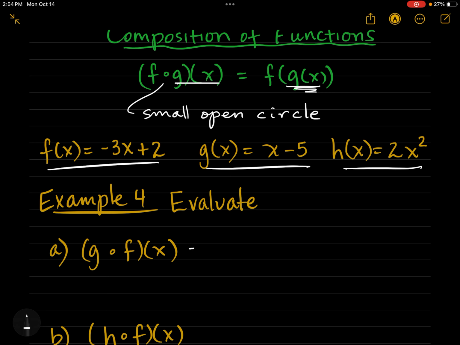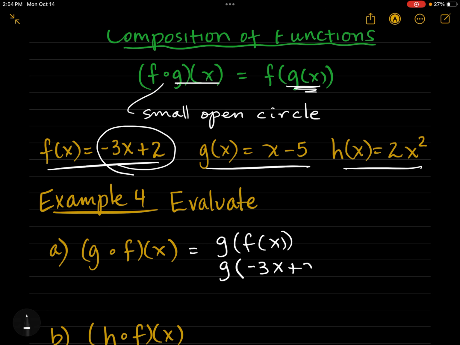G composite f of x means g of f of x. So now I'm going to write what f of x actually is. Now be careful. I'm going to substitute into g now. So I started by putting what f of x is right there.